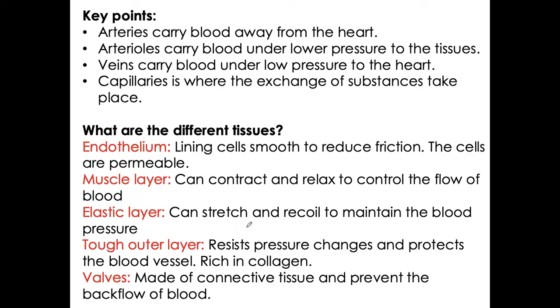So with the elastic, it's stretch and recoil, and with the muscle, it's contract and relax. We have a tough outer layer that's composed of a lot of fibrous proteins like collagen, which is there for protection to stop them from bursting, to add strength. And we have valves, which are also made of very strong connective tissue to prevent the backflow of blood.